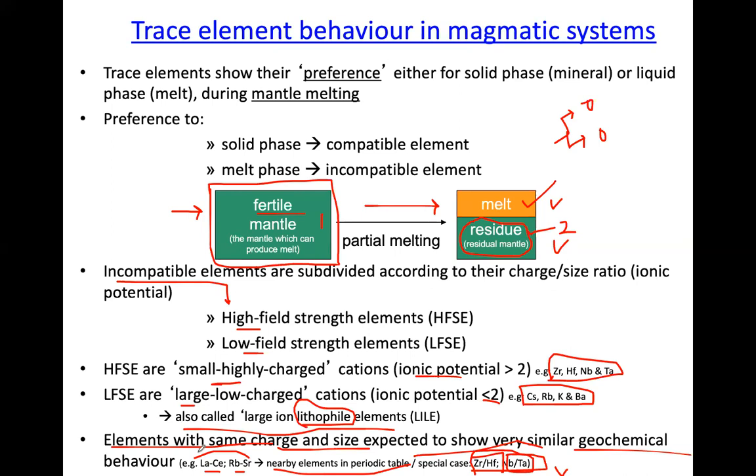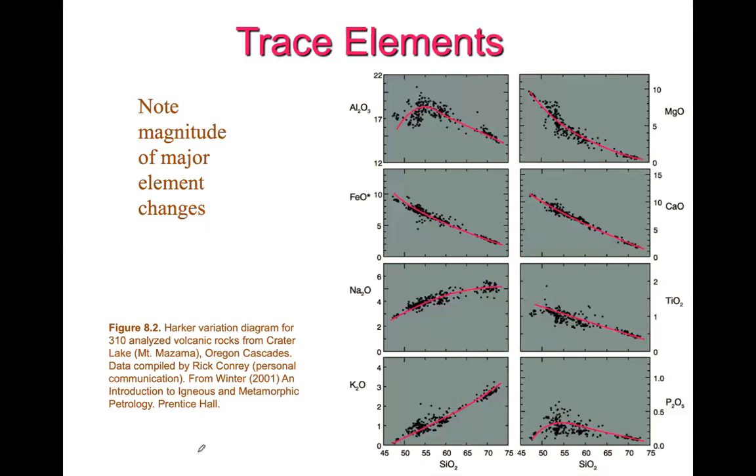We'll see those diagrams, how we can use them, later on. Okay. So I think you can remember this content we have already completed before, and now let's see some further details on trace elements and their comparison with the major elements, right?